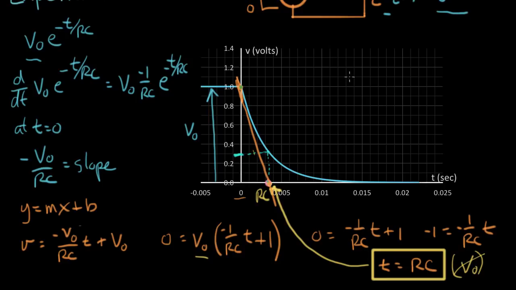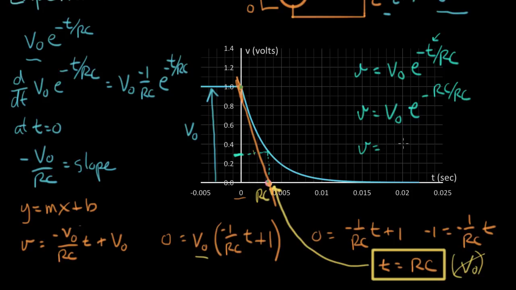If I go back to V equals V naught e to the minus t over RC, and this time we're going to plug in RC right here for this value here and find out what V is. So V equals V naught e to the minus RC over RC, or equals V naught e to the minus 1.